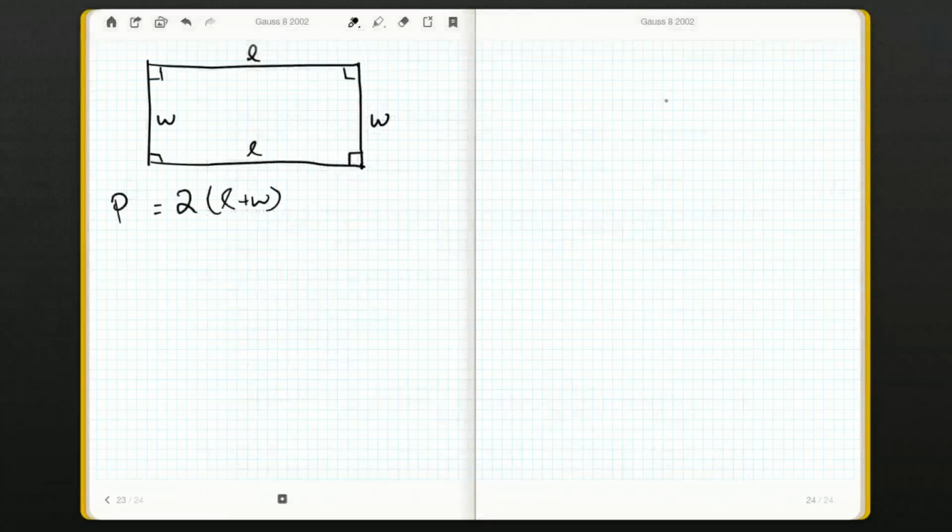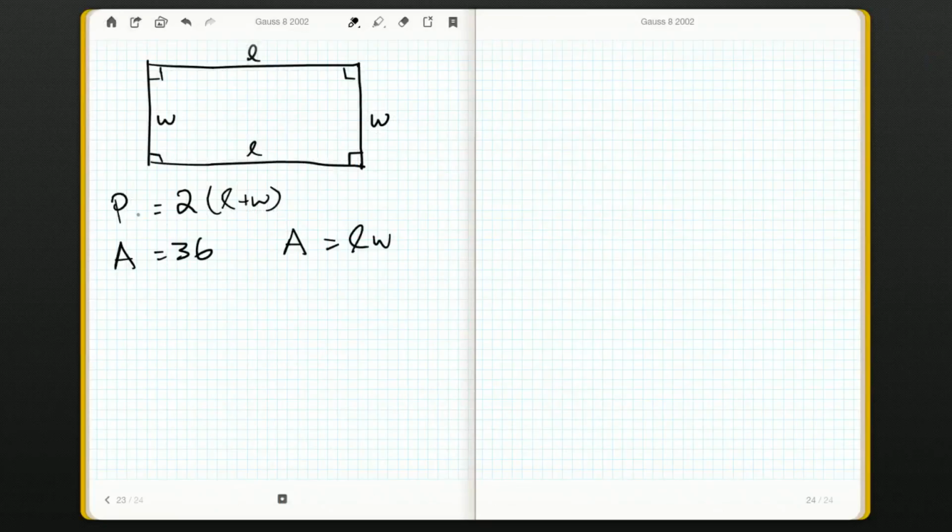And the only other piece of information is we have an area of 36. But area, well, that's also expressed in terms of L and W, and thankfully for that too. We have an expression that relates area to the length and width, and the length and the width are what we need in order to figure out the perimeter.